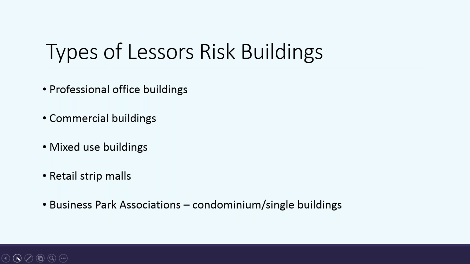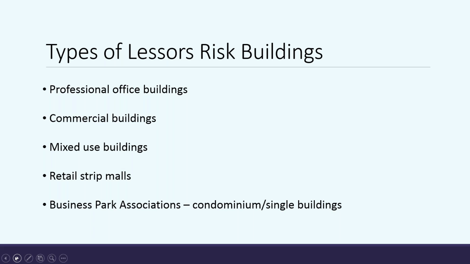Those are a little bit different than Lessors Risk because they are part of an association where the unit owners pay dues to create and maintain that association. It's different because there are multiple owners, whereas with a Lessors Risk there's only one building owner, whether that's a partnership or whatever. That's different than there being 10 units in an association where 10 separate unit owners make up that association.